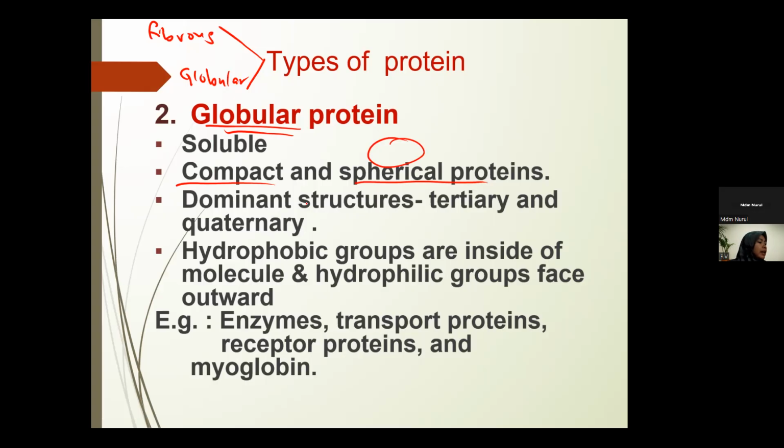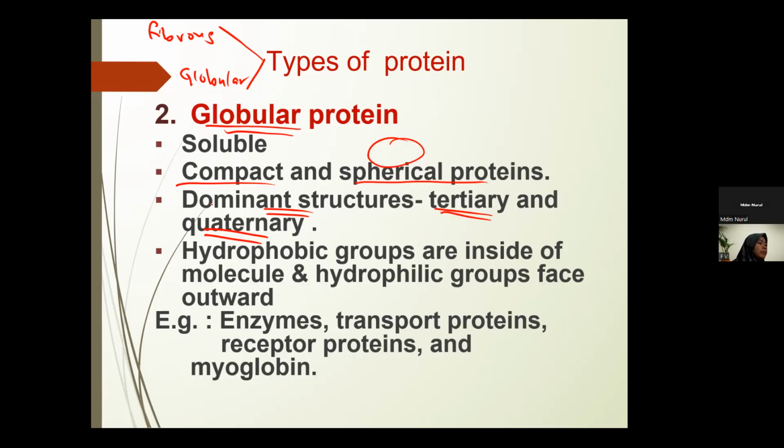Thus, dominant structure dia. Kalau bentuk yang macam bulat-bulat, padat-padat ni, bentuk seperti level yang mana? Tertiary and quaternary. So, dominant structure is tertiary and quaternary. Right. Hydrophobic group are inside of the molecule and the hydrophilic group will facing outward. Okay.